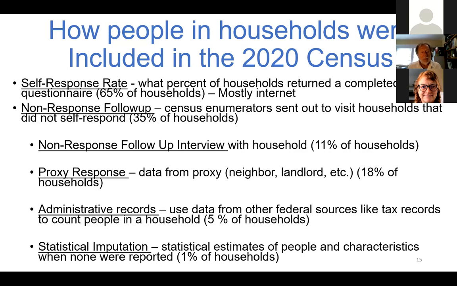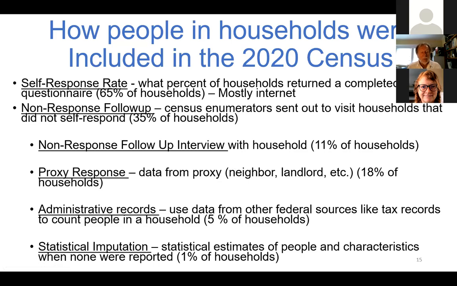For more than 20 years, the Bureau has been ingesting these files and putting them together, trying to build an administrative record database that they could use to help understand who lived in the country. So if they couldn't get a proxy response or a self-response or non-response follow-up, they would use the administrative records to estimate the number of people and their characteristics in a household.